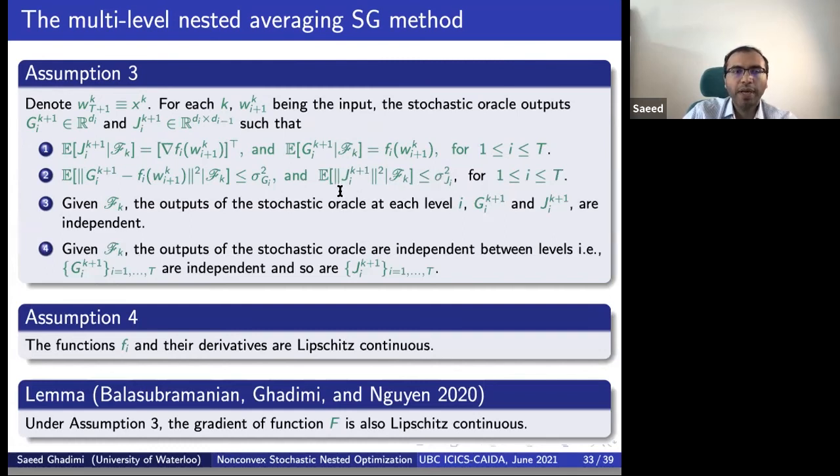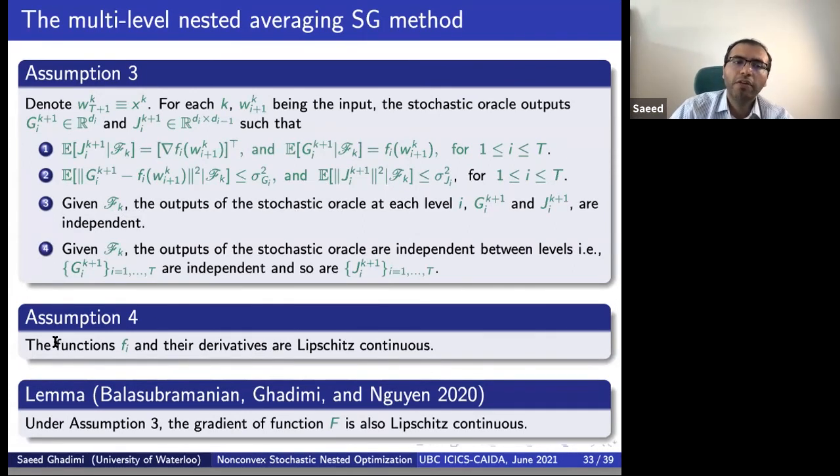We also assume that, given F_k, our filter up to iteration k, the outputs of the stochastic oracle at each level i are independent of each other. So the values of the output of the oracle for F_j are independent of F_i on the same iteration.